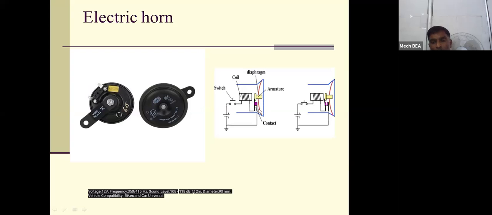The vibration of this diaphragm will cause the sound, and that will be useful to give an alert that a vehicle is coming, so that we have safe driving on the road. So this is the electric horn.